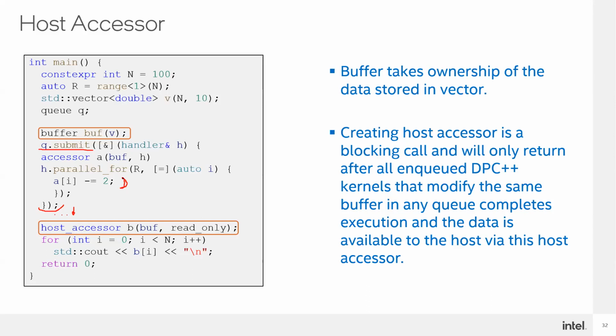So keep in mind that the default mode of execution in SYCL is asynchronous, so it's not blocking. Most operations are not blocking. Later we will talk about the explicit memcopy operation with unified shared memory, and they are not blocking as well. So host accessor is one way to do this synchronization.